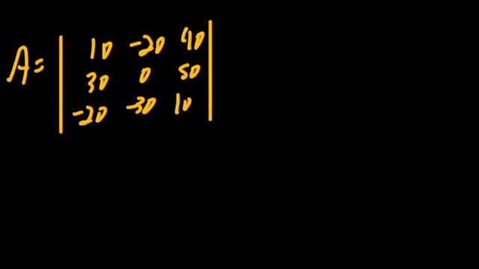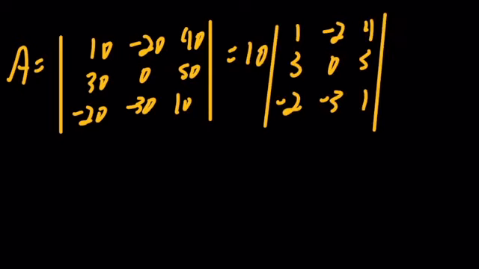So let's say we're given this matrix. Do you notice something right off the bat? And it turns out that you can factor out a scalar constant out of this matrix. And if you guessed that we can factor out 10 out of this matrix, you'd be correct. Here's what it would look like. Sweet. And we know that the matrix is multiplied by 10.